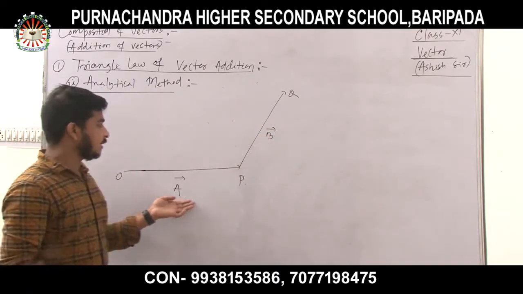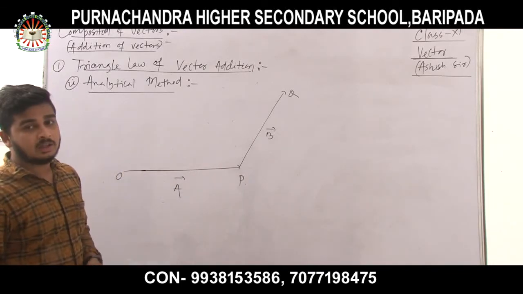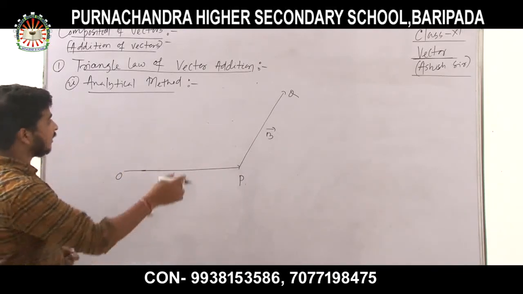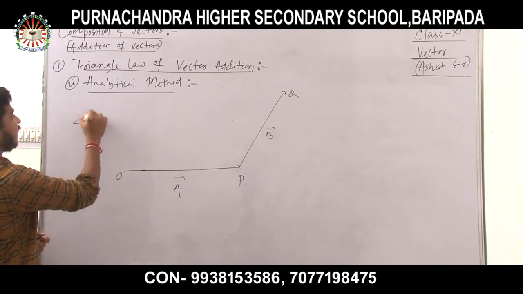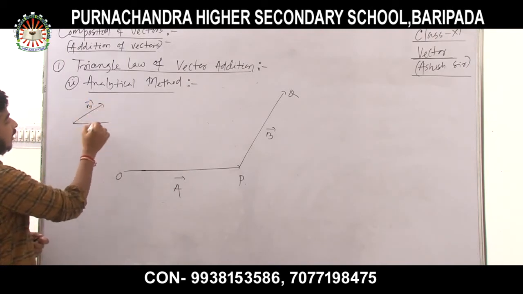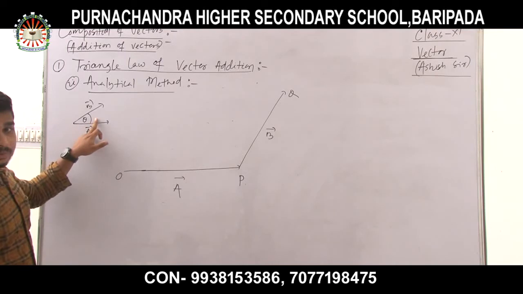So this is A vector and this is B vector, and A, B are inclined with each other with an angle theta. Here is A vector and the direction of P is here, B vector. A vector and B vector are inclined with each other with an angle of theta.